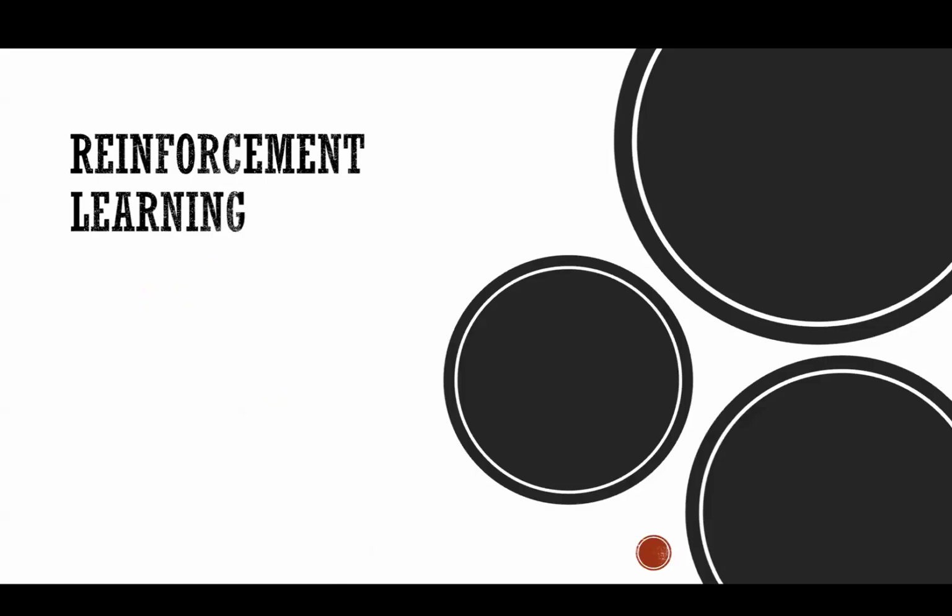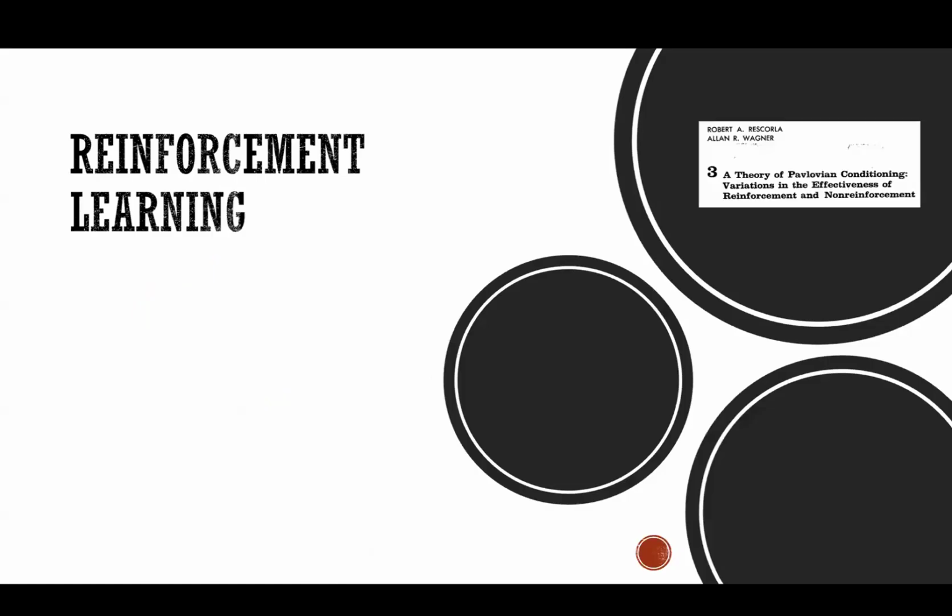Good. So, reinforcement learning. Reinforcement learning was formalized in a complete shape for the first time in a paper, "A Theory of Pavlovian Conditioning: Variations in the Effectiveness of Reinforcement and Non-reinforcement" by Robert Rescorla and Alan Wagner. It's one of the examples in which research in psychology has shaped neuroscience and computer science.